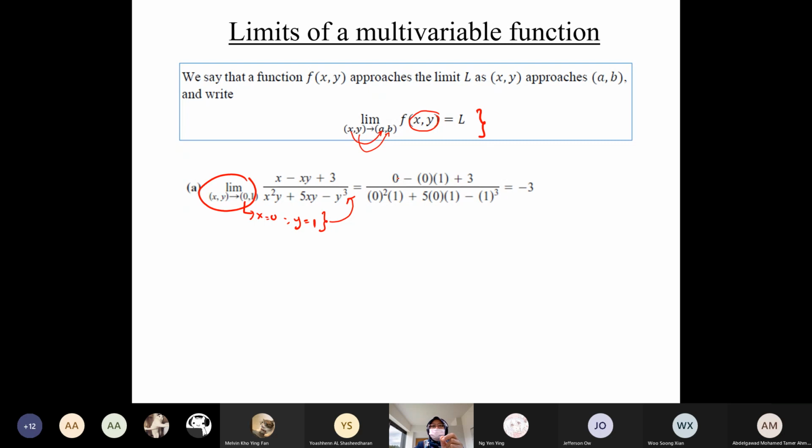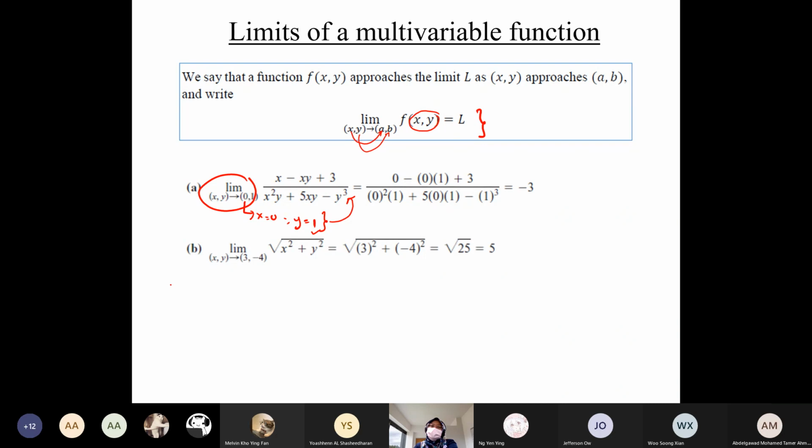So you have 0 minus 0 multiplied by 1 plus 3, divided by 0 squared multiplied by 1 plus 5 multiplied by 0 multiplied by 1 minus 1 cubed, equal to minus 3. So when you substitute everything, you will get the answer minus 3. This is how you determine the limit of the function that you have.